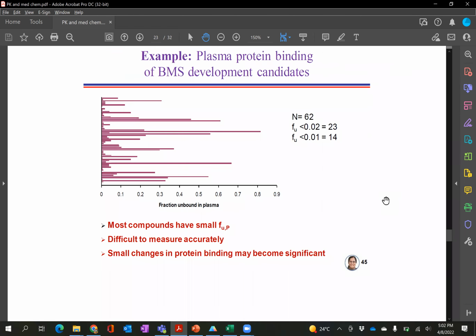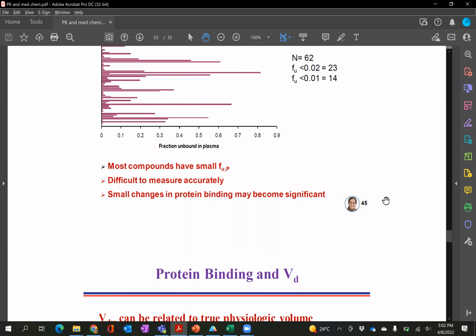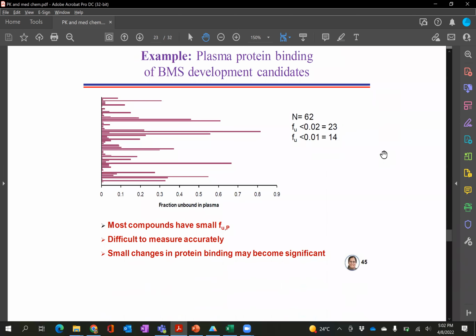That's why they say, when you optimize the drug, you shouldn't focus on plasma protein binding. That's not a good parameter to optimize for. You should still focus on the clearance, essentially the stability of the compound, and also potency. So did they compare the FU to the marketed drugs?